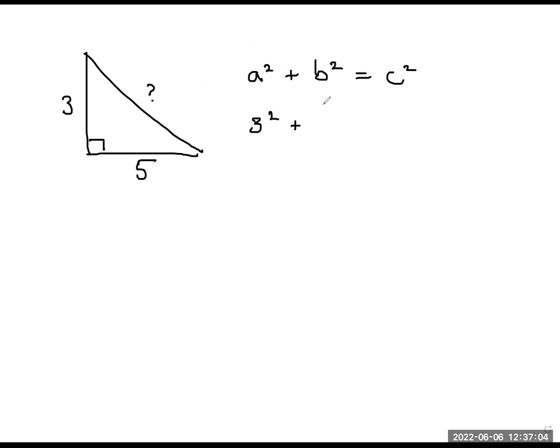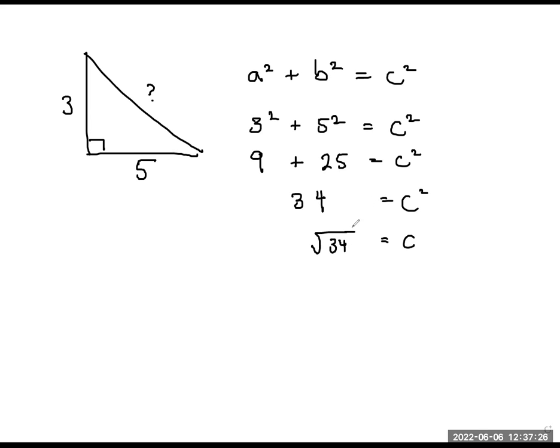And what number is b? 5 squared gives me the hypotenuse squared. I'm going to do the math very quickly. 9 plus 25 is equal to c squared. Add it together, 34 equals c squared. So that means c must be the square root of 34. Just for the sake of numbers, let me do that in the calculator. C is 5.83 approximately. That hypotenuse is 5.83.